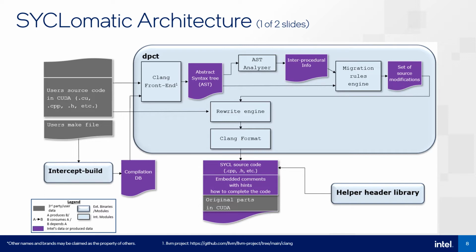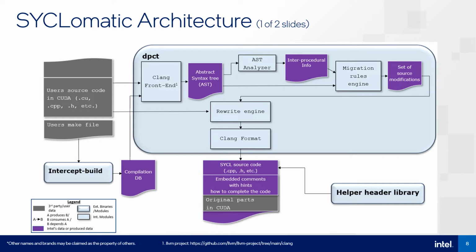AST analyzer: it analyzes the AST and builds out inter-procedural information, including define and use information of variables, function call graph, cross-file dependencies, and so on.